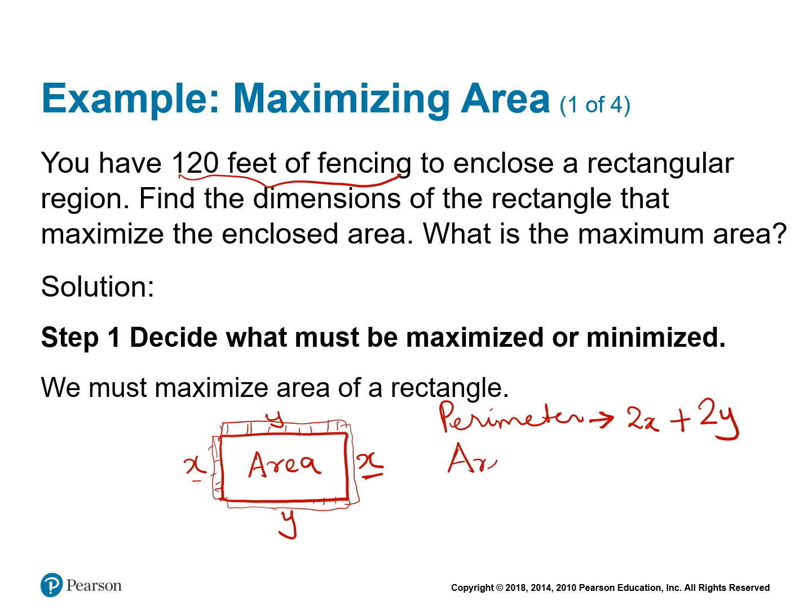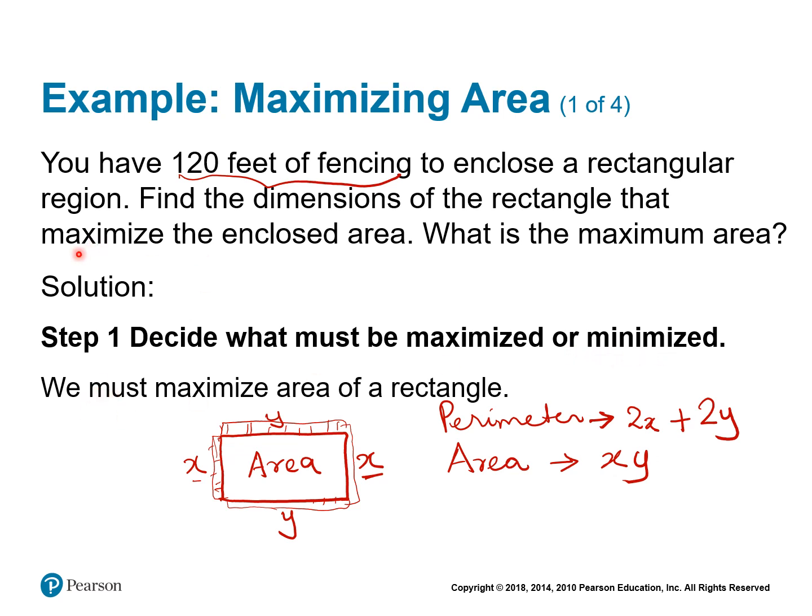area of a rectangle goes by this formula: x times y. All right, it's length times width, x times y, whichever you may designate as the length or width. So step one, they said first decide what must be maximized or minimized.